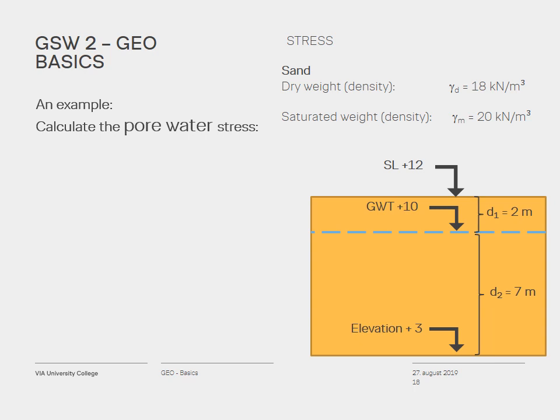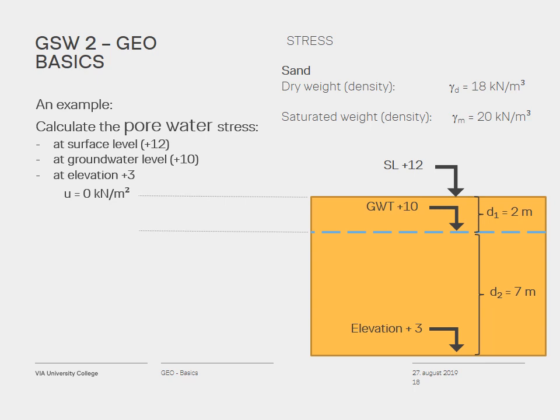We have the same example, but this time we do not want to calculate the total stress. We just did that. Instead, we want to calculate the pore water pressure, or the pore water stress. We take the same 3 elevations and investigate the pore water pressure. In elevation plus 12, the pore water stress is 0. In plus 10, it is also just 0 because this is where the groundwater table starts.